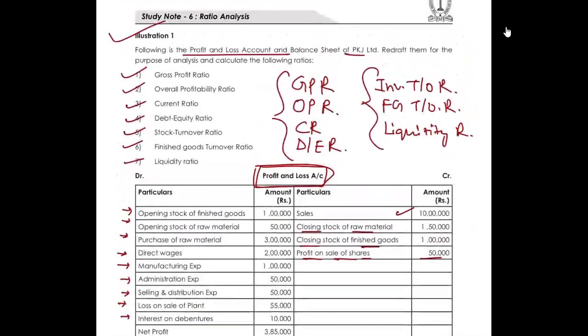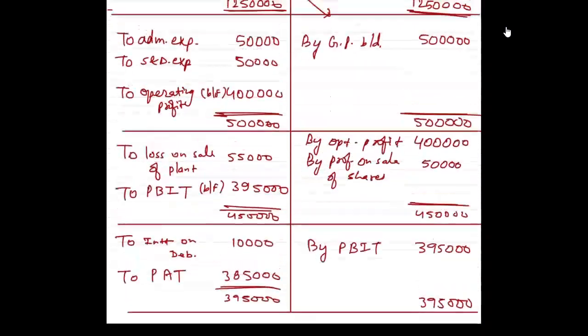So they have first asked me for the gross profit ratio. Let us first quickly calculate the gross profit ratio from the information. The gross profit ratio is nothing but the gross profit divided by the sales, multiplied by 100.